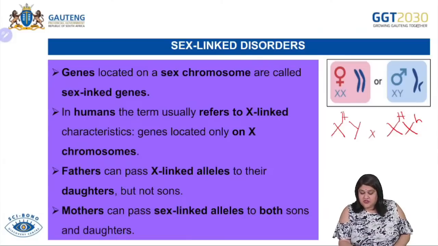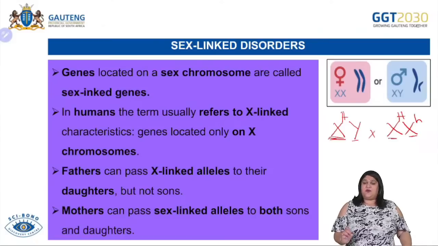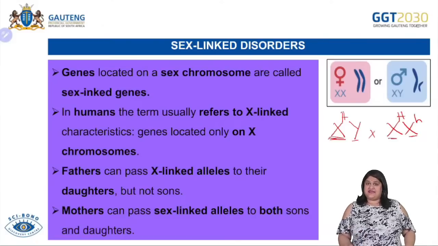Okay, these are showing you the genotypes, and these are the alleles. So we use these notations when we're using sex-linked disorders. Just to remind you, these genes are located on sex chromosomes and are called sex-linked genes. They are not found on other chromosomes, only on sex chromosomes.